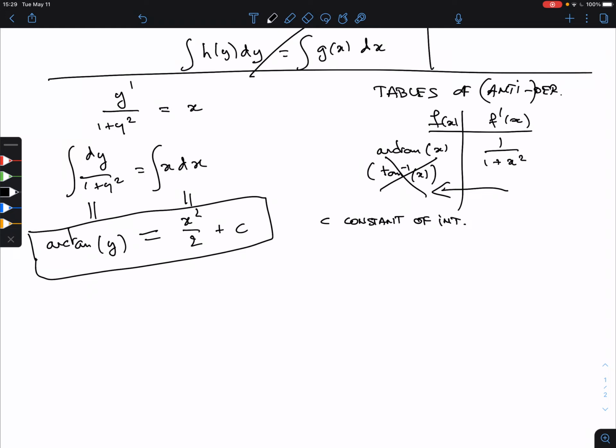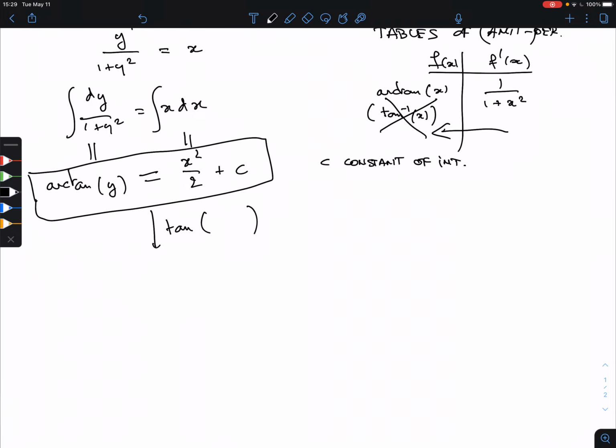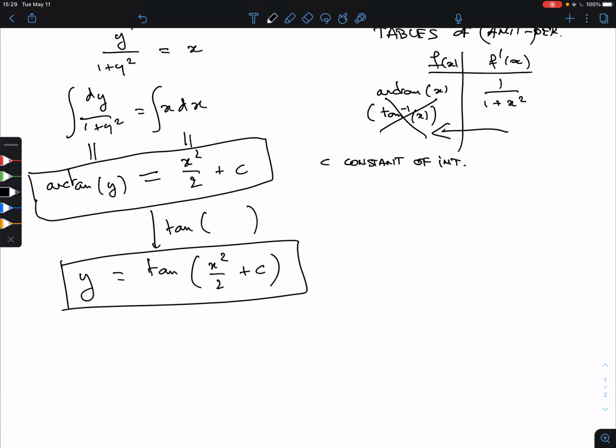So if I take the tangent of both sides, then the tangent and the arctangent will cancel out, so that will be y, and here of course there will be the tangent of x squared over 2 plus c. And so here is actually y in explicit form. And that's the solution. Okay, that's the solution of all solutions.